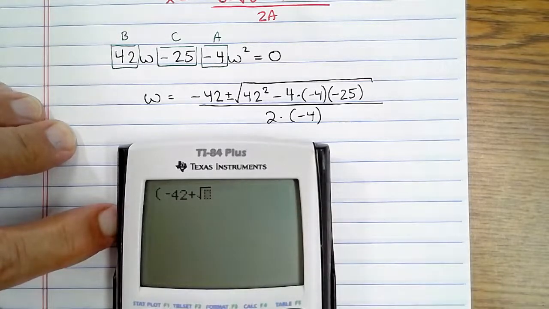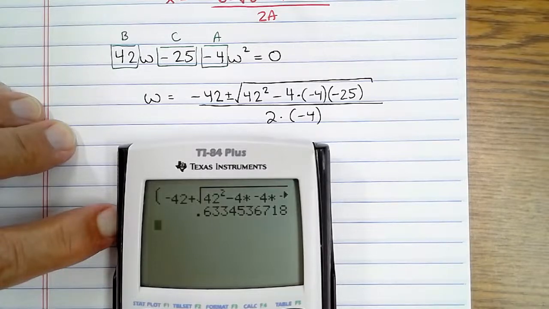If yours doesn't, you'll need to use more parentheses. We're going to have 42 squared minus 4 times negative 4 times negative 25. And that's the end of my radical, so I've got to get out of there. And then close my parentheses, that's the end of my numerator. Divided by, and then parentheses for my denominator, it's 2 times negative 4.